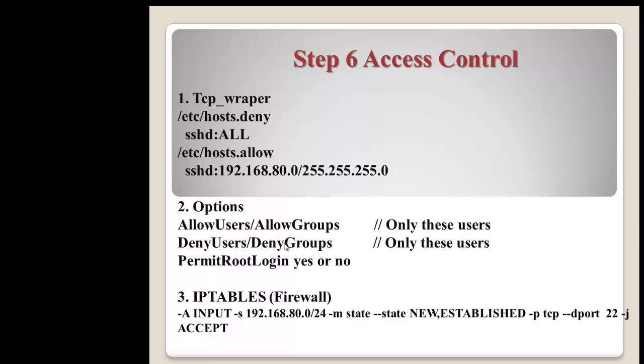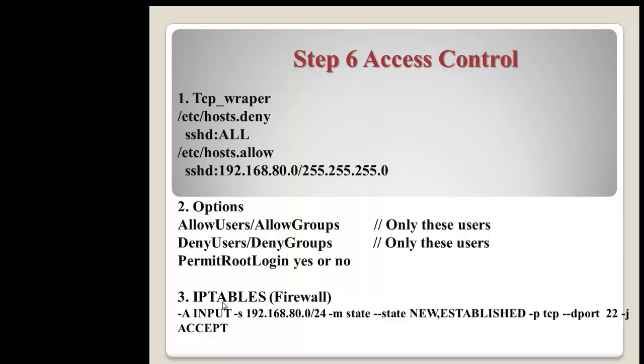DenyUsers or DenyGroups means only these users or this group cannot access the SSH server. And if you don't want root to log in to the SSH server, you can use PermitRootLogin no. But if you want to permit root to log in with his ID and password, you can use PermitRootLogin yes.